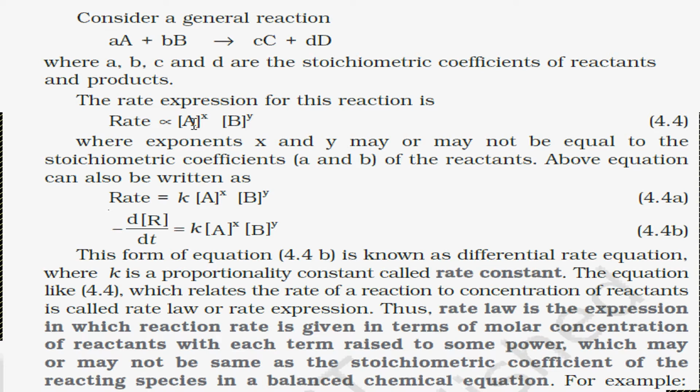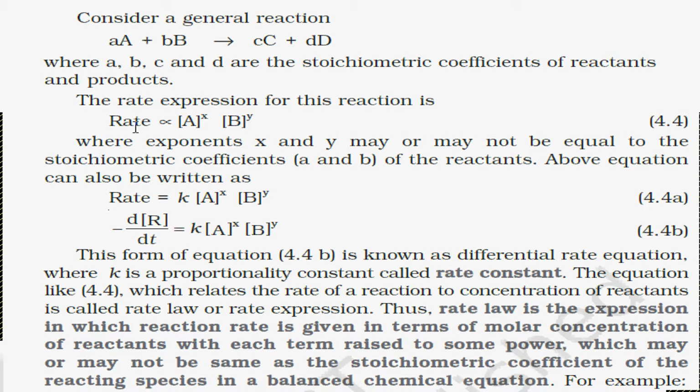Now over here A and B are the reactants and exponents x and y may or may not be equal to the stoichiometric coefficients a and b of the reactants. That is, x may be equal to a or may not be equal to a. y may be equal to b or may not be equal to b.